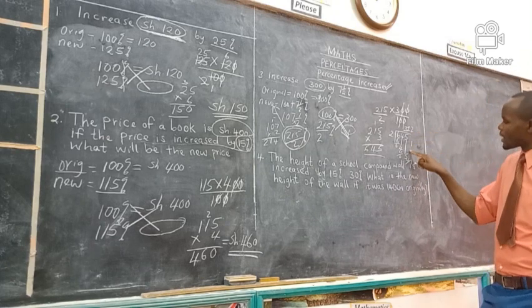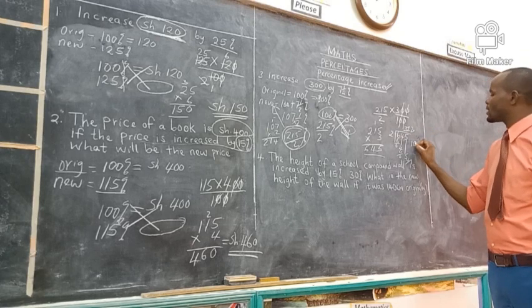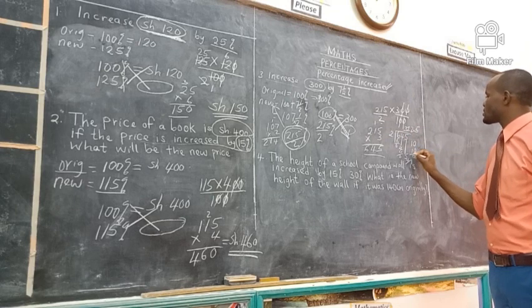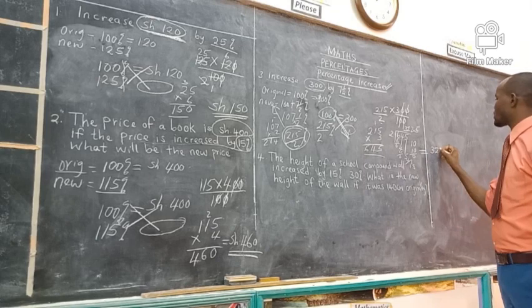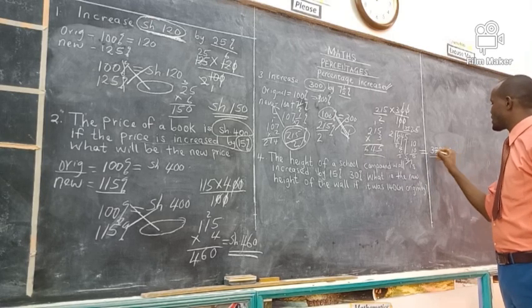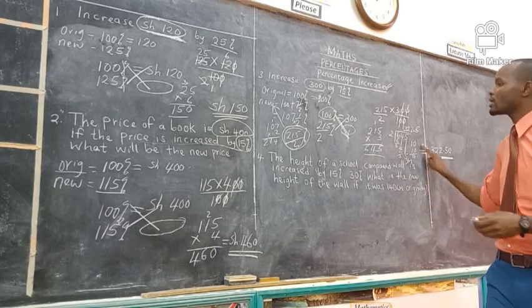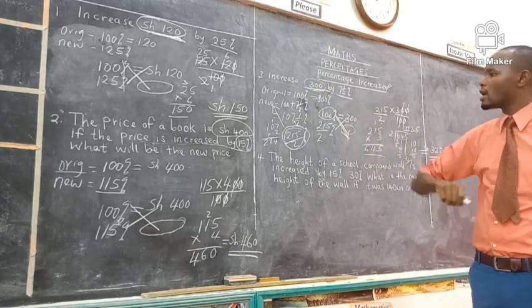Since we are dropping our numbers, you add a decimal point, then add a 0. 10 divided by 2, you will get 5. So the answer becomes 322.50 because it's money. Those are shillings. That is our new quantity after increasing by 7 and a half.